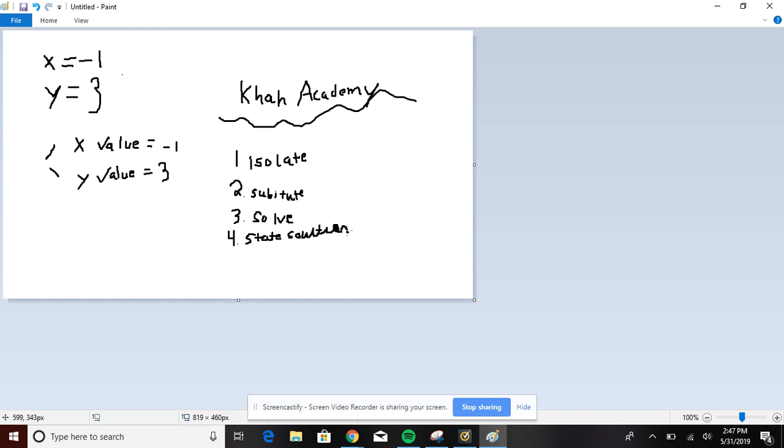Sorry for my terrible cursive, but it's the best I got. So that's state solution, and I guess you could try to remember it as S S S. But just remember it's isolate, substitute, solve, and state solution. And that is how you do the process of substitution to solve a system of two equations.